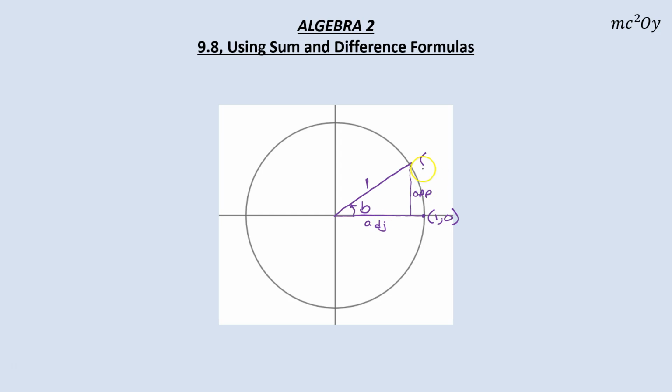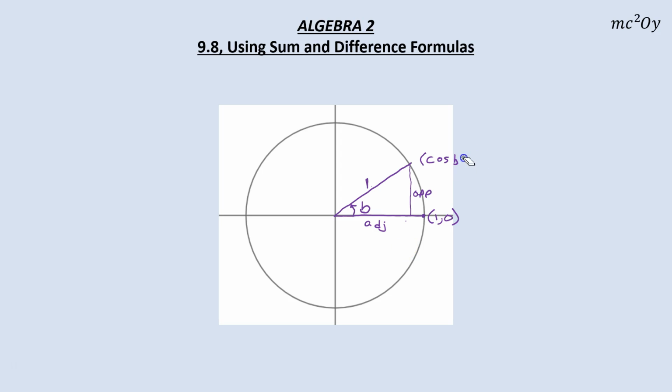And to find this side, it would be adjacent over hypotenuse, which is cosine. So if we were to call this x, it'd be the cosine of b equals x over 1, which would just be cosine b equals that side length there.